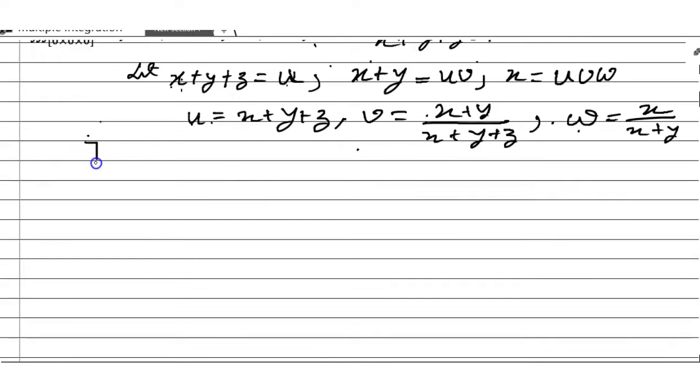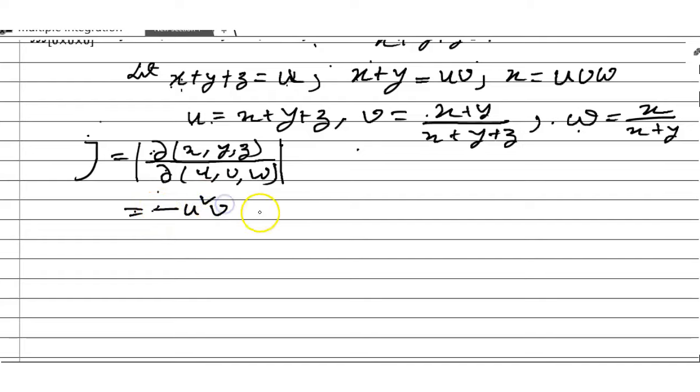So friends, J equals del (x, y, z) divided by del (u, v, w), equals u square into v.